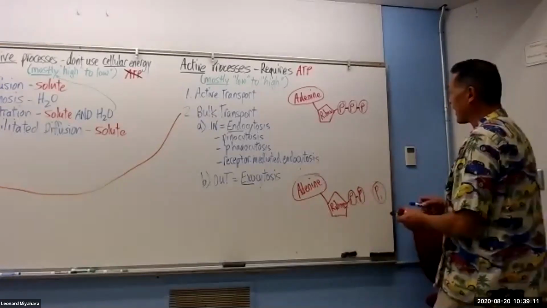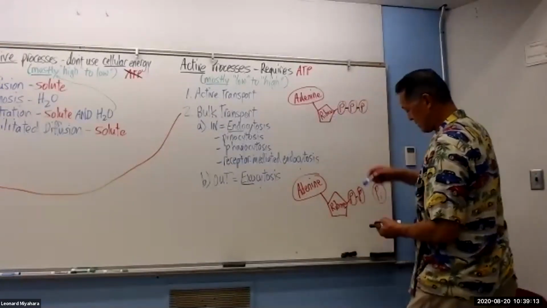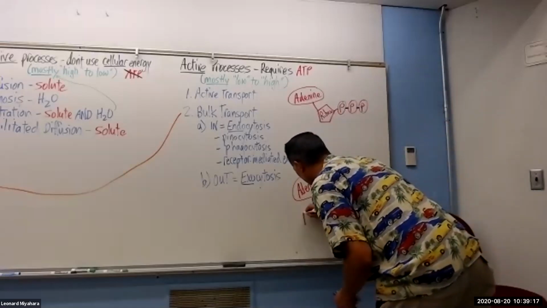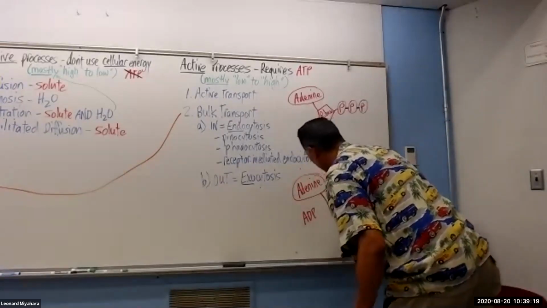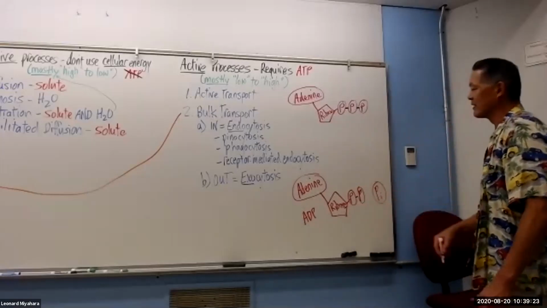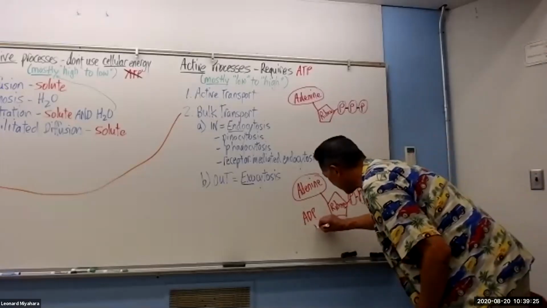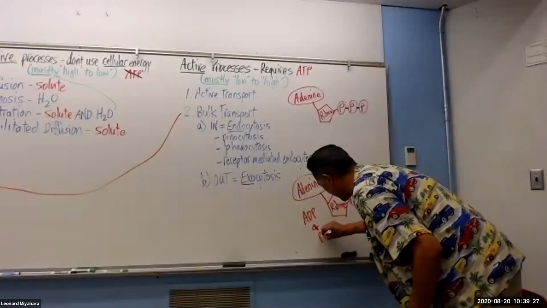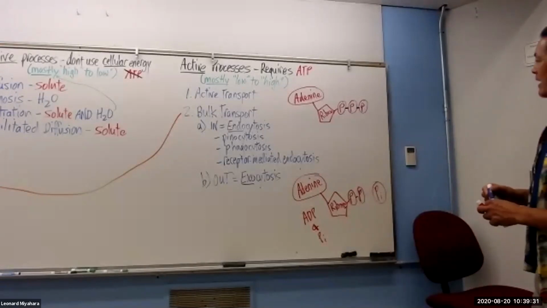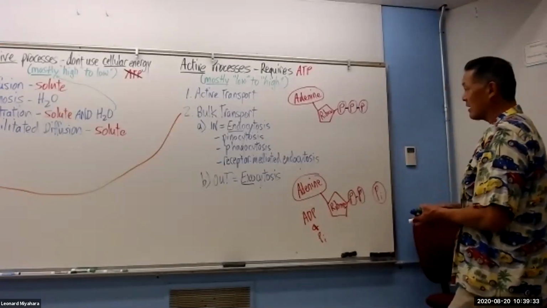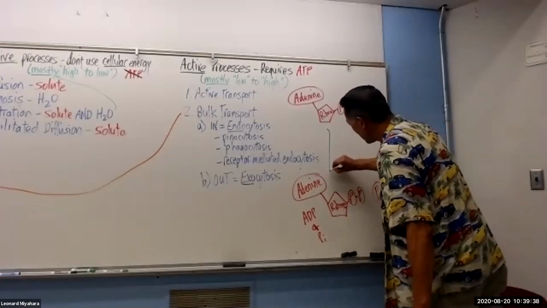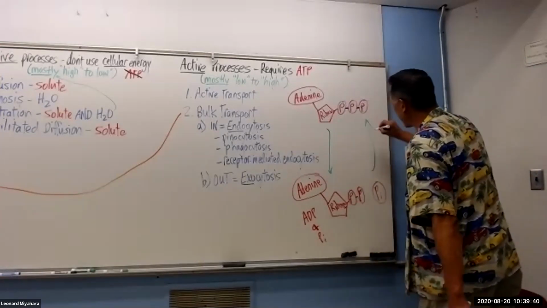So this is ATP, 3 phosphates. This is ADP, 2 phosphates plus a phosphate here. And then the little i means inorganic phosphate because it doesn't have carbon. And basically what is going on constantly in your cells is you're doing this cycle.